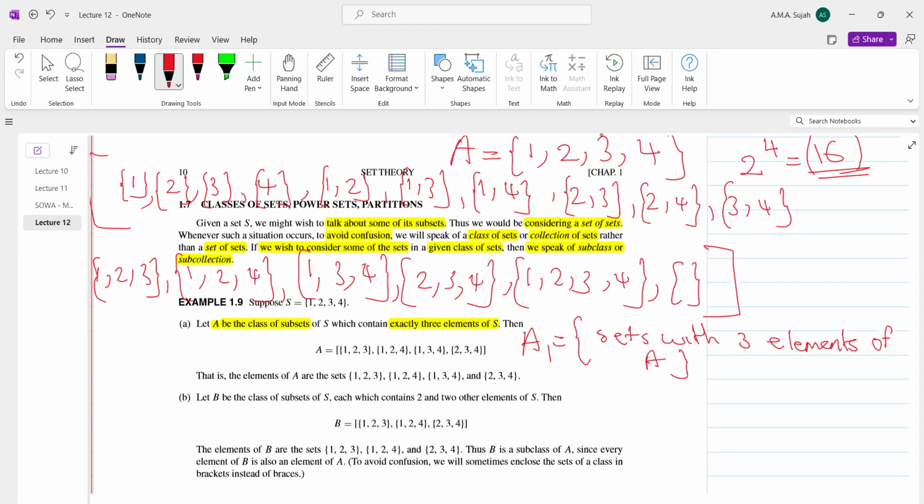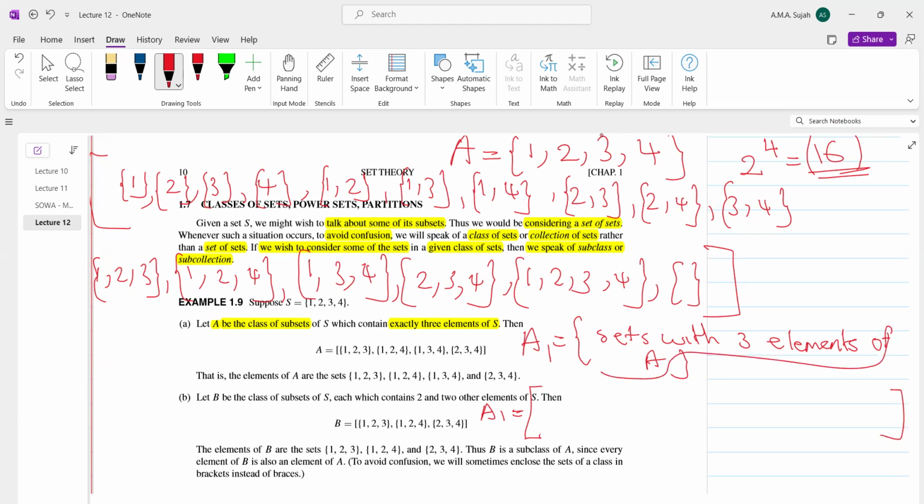Can you tell me what elements of A1 you can generate? Maybe to avoid confusion, I'm putting a square bracket here rather than curly braces. Can you write all the elements of A1 based on this condition?